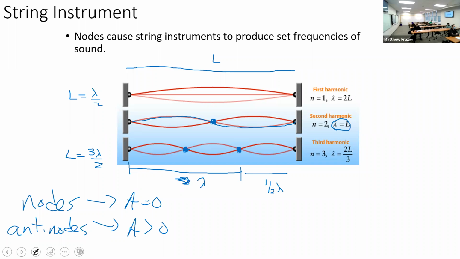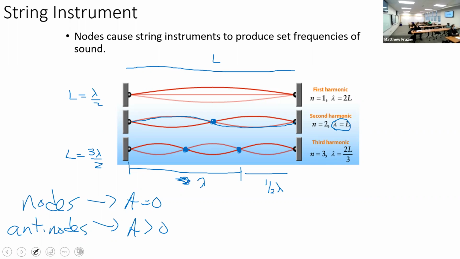So the point of going through this is we can deduce what wavelengths and what frequencies for a given string will result in resonance. Basically, we'll know how to tune a guitar or a piano.